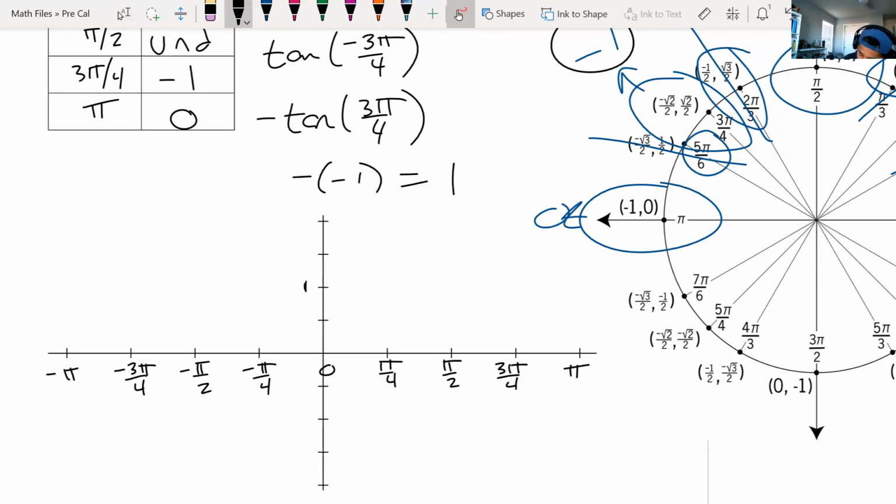Highest we go is 1, lowest we go is -1. Okay. And then go ahead and plot my points. So first off, I have vertical asymptotes at my pi over 2s. So that's what I'm going to graph first.